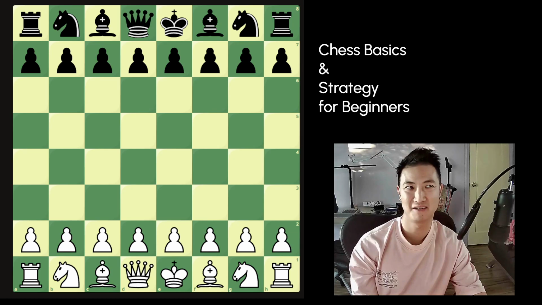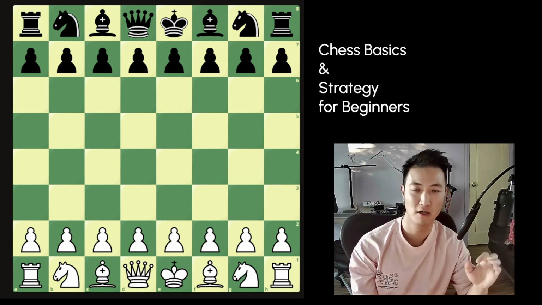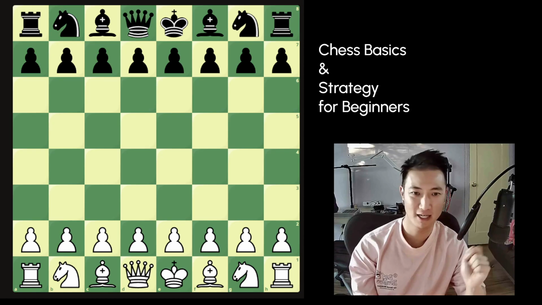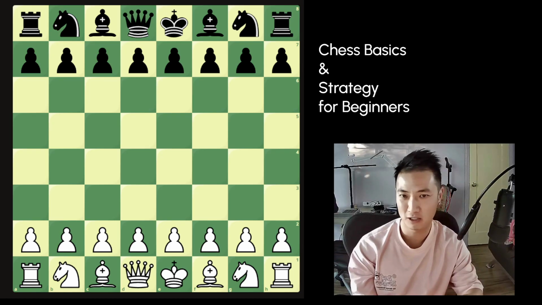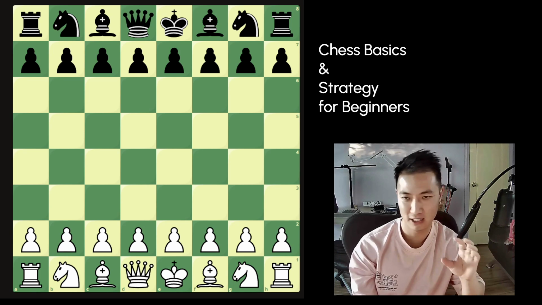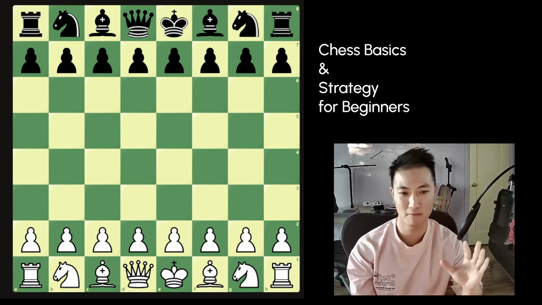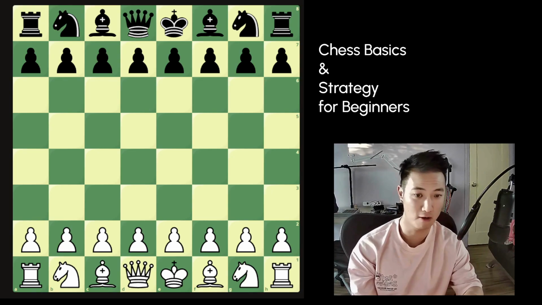This lecture or video is not really scripted. I threw together a PowerPoint to talk about certain themes, but I'm going to go over the really basics for beginners: how the pieces move, castling, how pawns move, promotion, and some basic strategies in terms of stages of the game, early game, middle game, end game, and what to look out for in each stage.